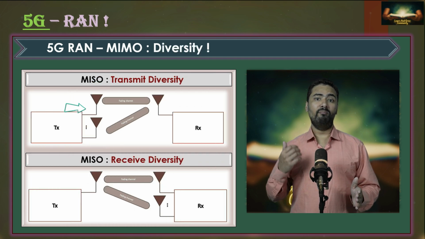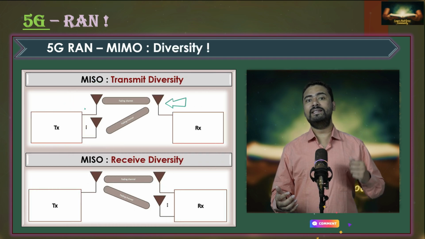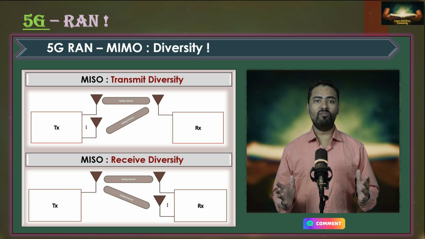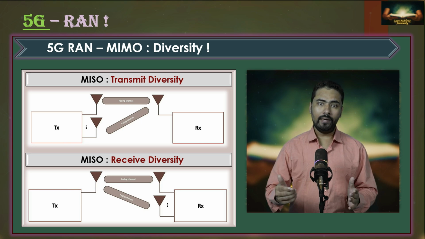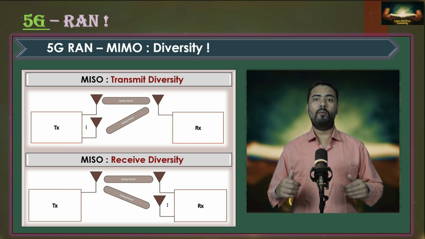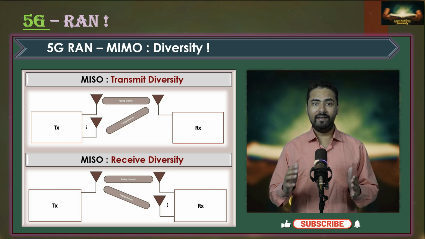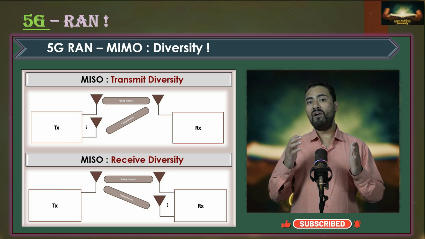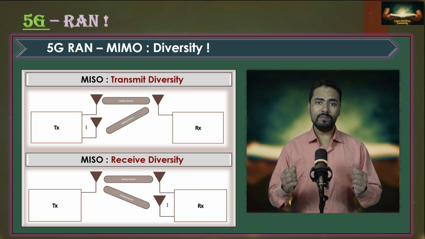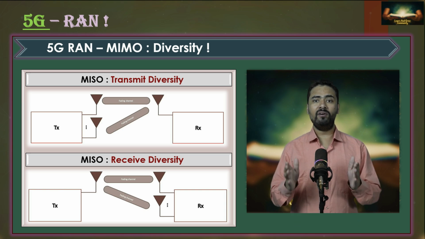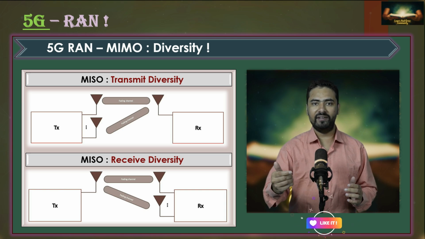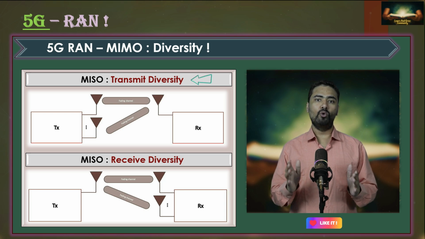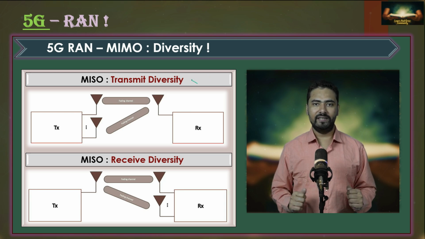Now, if you have multiple transmit antennas and a single receive antenna, then this configuration is known as multiple input, single output or MISO system. And in this setup, if the antennas are placed at least half a wavelength apart, then each transmit antenna creates an independent feeding channel to the receive antenna. This phenomenon is known as transmit diversity.